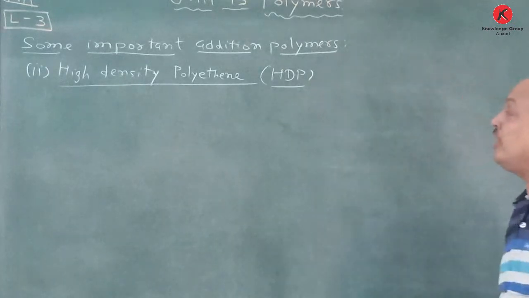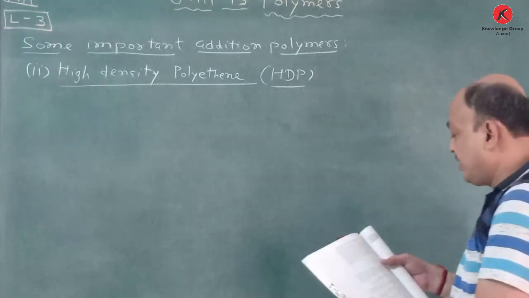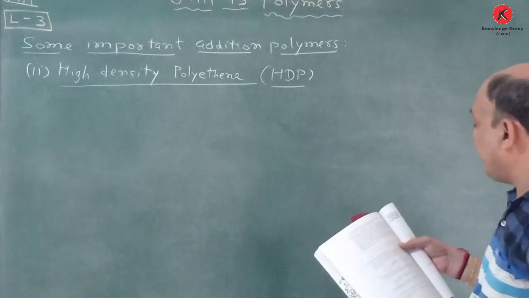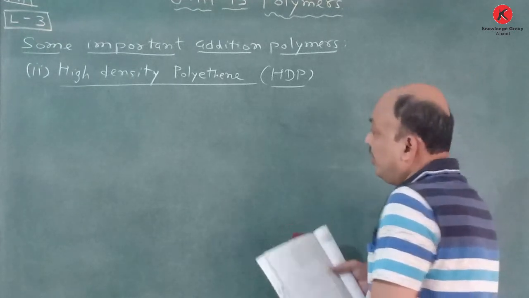You prepare it completely, prepare it. Okay, so this high density polythene is formed when addition polymerization of ethene.